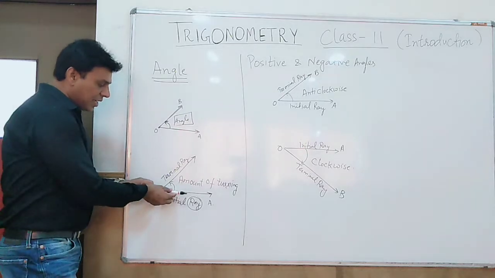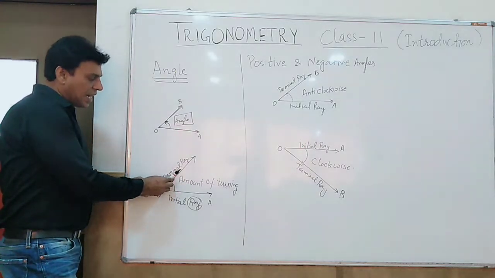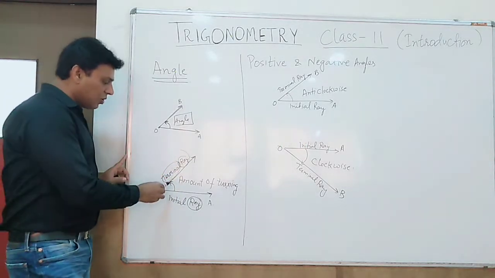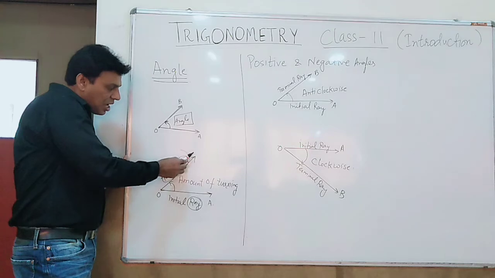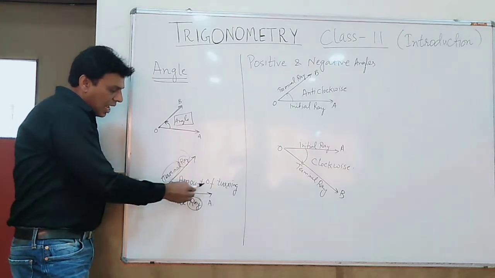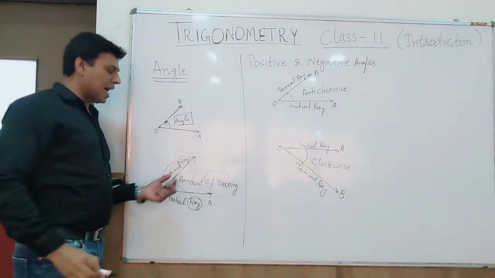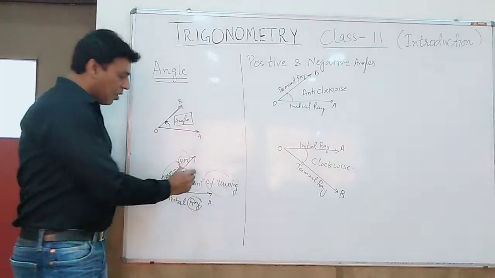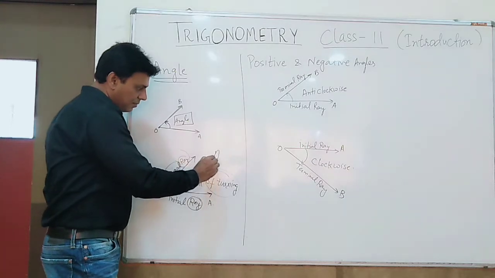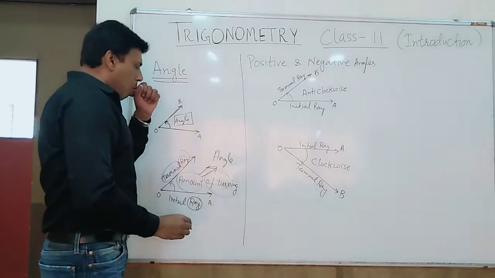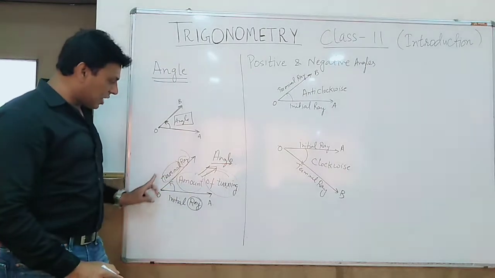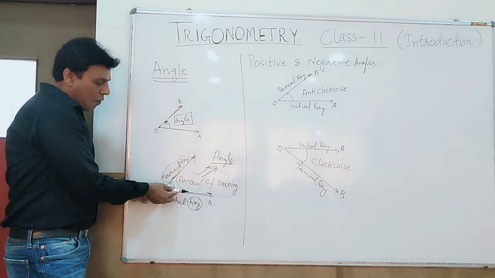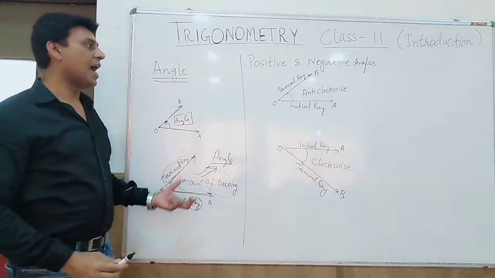Now if this ray is turning and this is the terminal position of the ray, then this is the initial ray, this is the terminal ray, and this amount of turning is called angle. So this is the initial ray, this is the final ray, and how much this ray is turned is called angle.